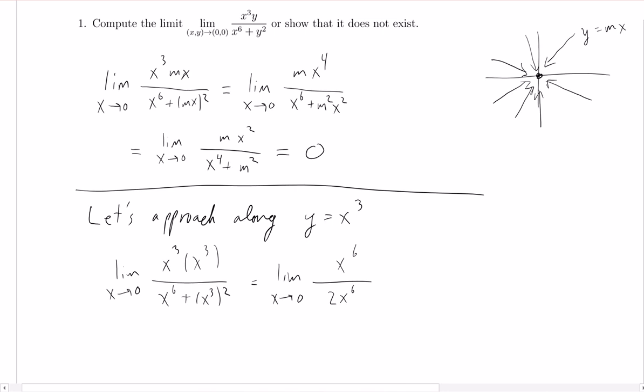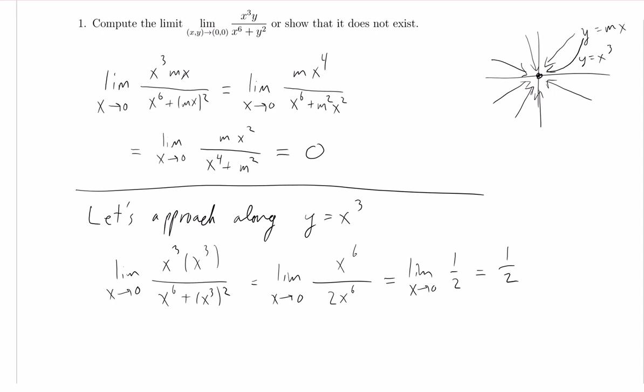The x to the 6th cancels on the top and bottom. And we are just left with 1/2, and of course the limit of a constant is just that constant. So if we approach along the path y equals x cubed, which is curvy, not straight, then we don't get 0, we get 1/2.